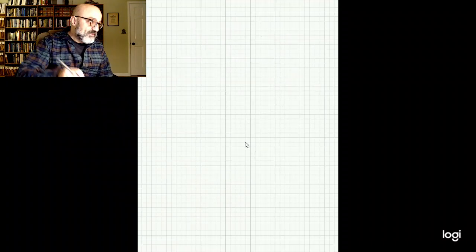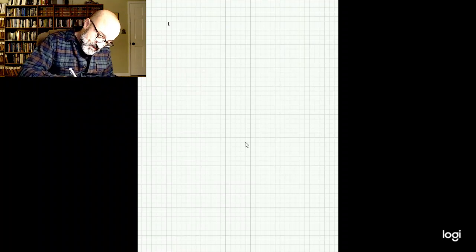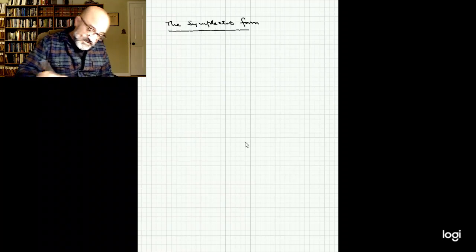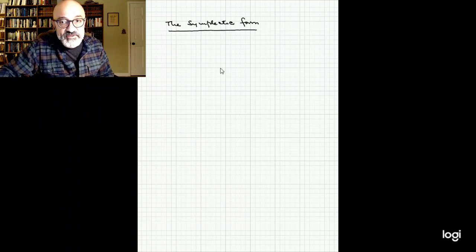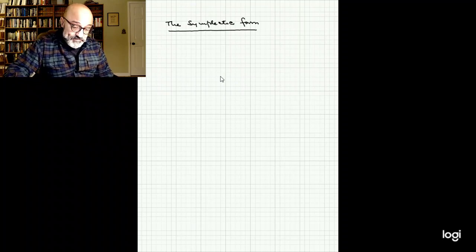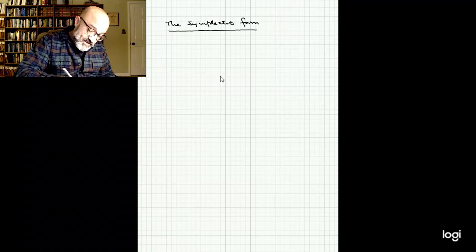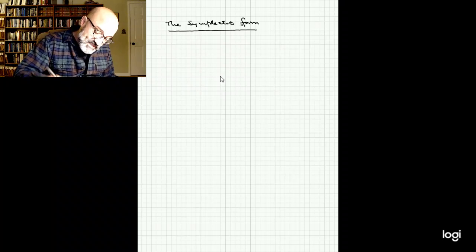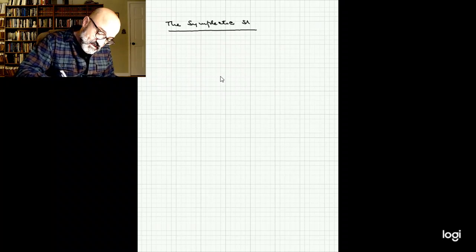So we want to introduce the symplectic form. Let me start talking about this, motivate what's actually going on here by changing the subject. If you can have a metric structure, let me write this as the symplectic structure.